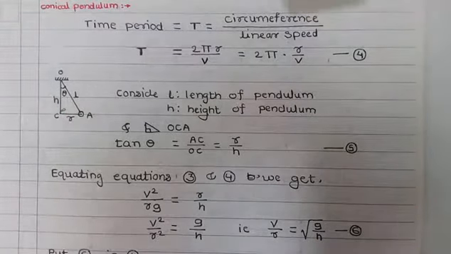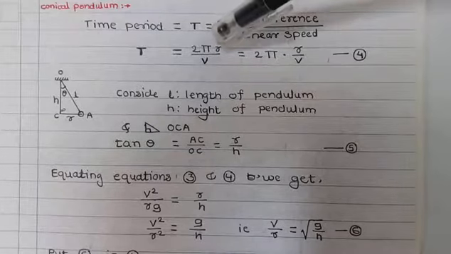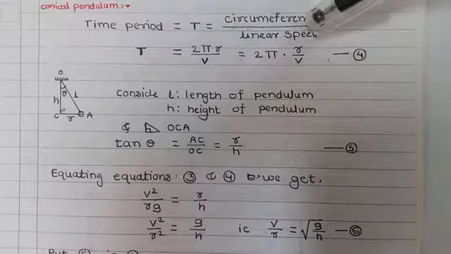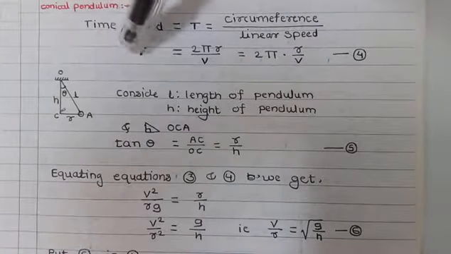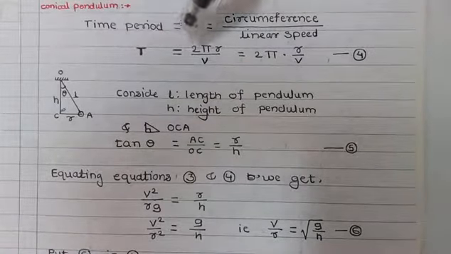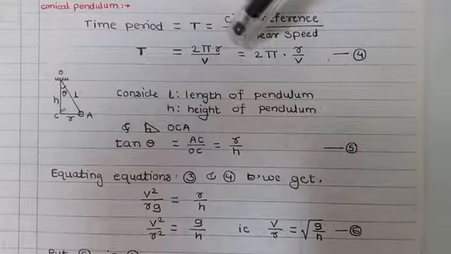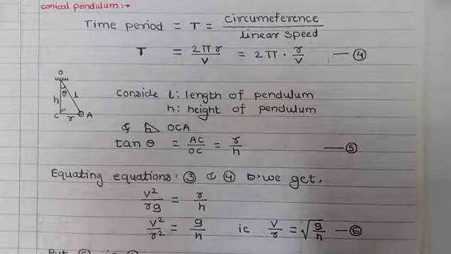The total distance covered by the bob is equal to the circumference, and the circumference of the circle is equal to twice pi r, and v is the linear speed of the bob in the conical pendulum. Hence, the time period T is equal to twice pi r upon velocity. It is equal to 2 pi into r upon v. This is equation number 4.